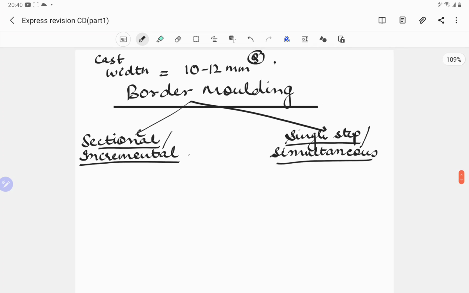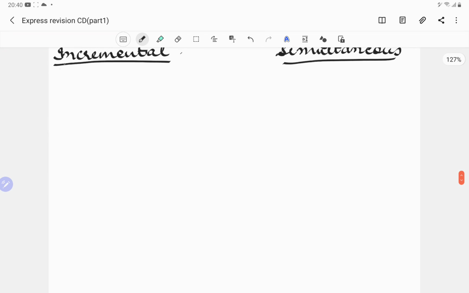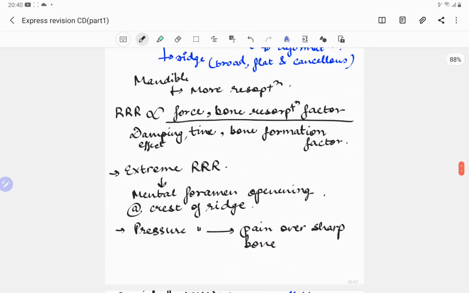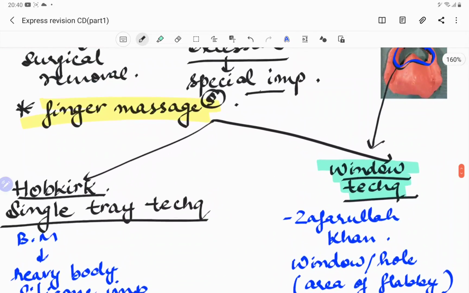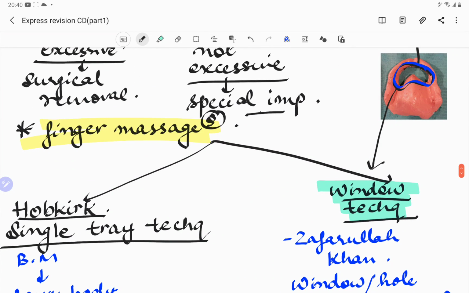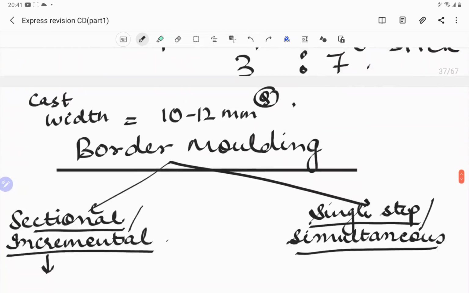The sectional is what we have been doing in our clinical practice. Suppose this is the stock tray, custom tray, then we do it in sections. We do the labial, then the frenum area, then the buccal area, then we go posteriorly, then we do the PPS. So like that, we do it in sections. And in the single step, we directly put material all over the borders and record in one shot.